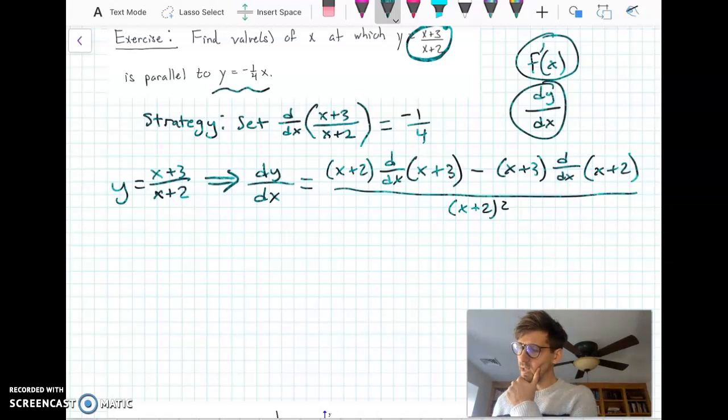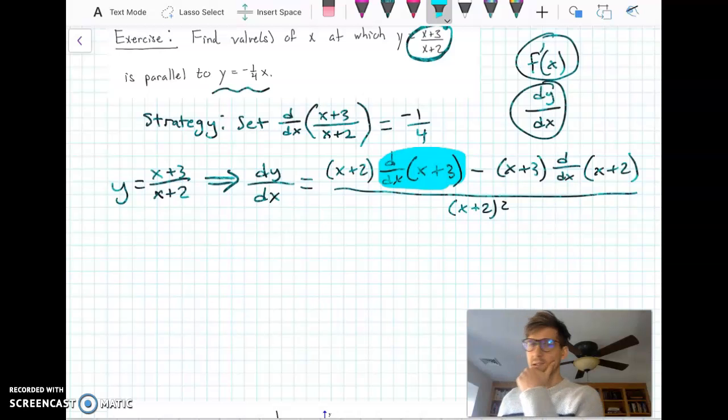Well, the derivative here of x plus 3 is actually just going to be 1, because the derivative of the constant is nothing. Derivative of just x is going to be 1, and then it's going to be a constant because the power goes down to 0 of x. So this is actually not going to be too bad.